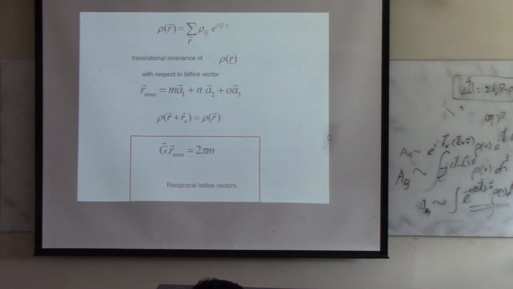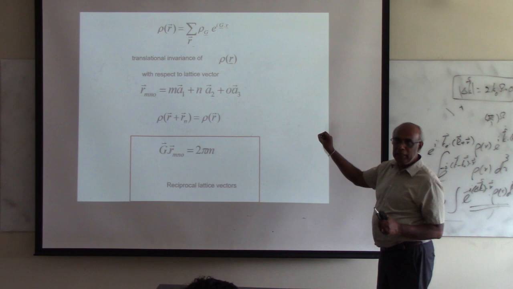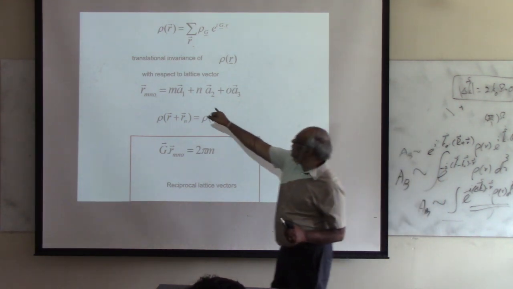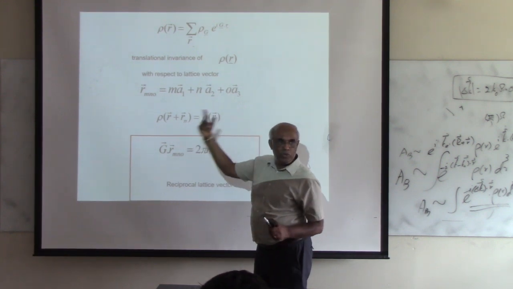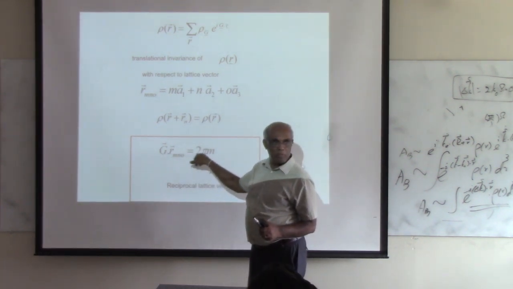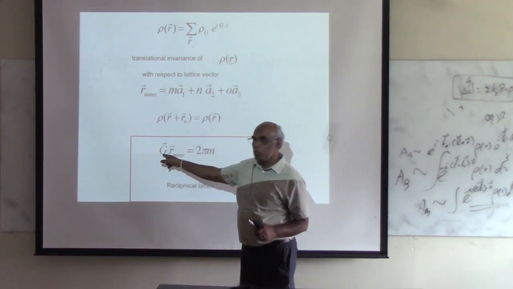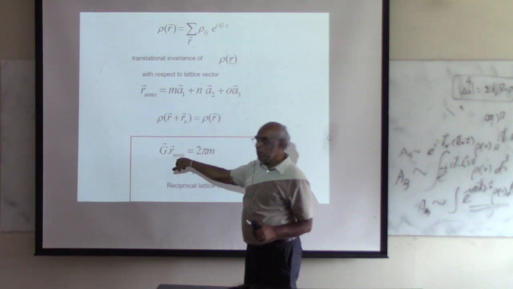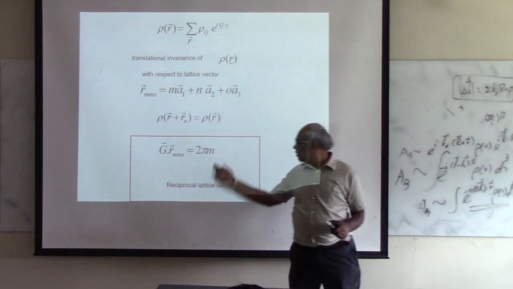So here this is what we did before. If you remember, since your lattice points are translationally invariant, we wrote it this way, right? Because of this we could write G in terms of G, then we got this relationship. Everybody remember this? G dot the translational vector in real space, 2 pi times M, right?